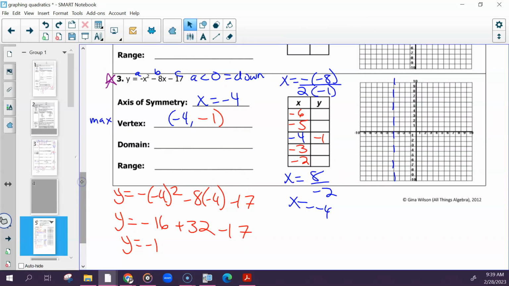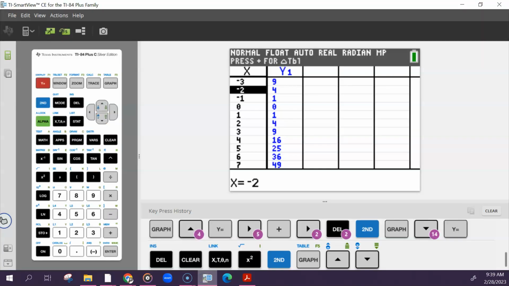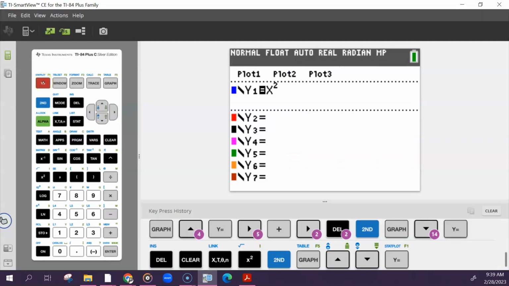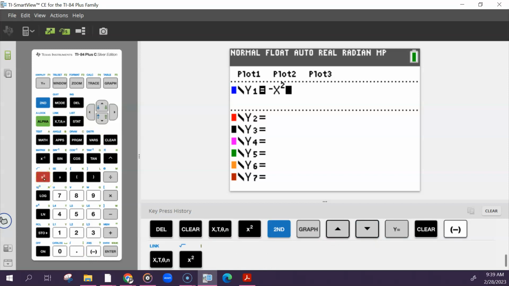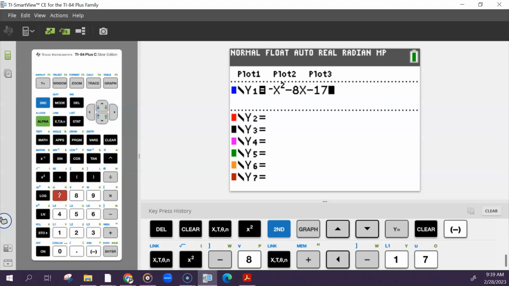We're going to type this into y equals, minus 3x minus 17, and go into the table.